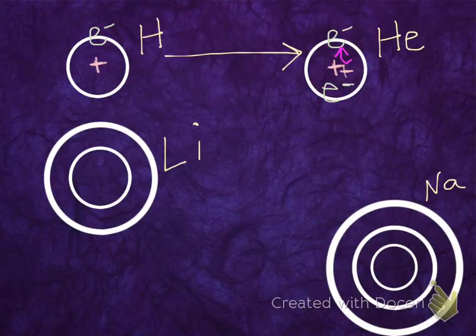Now, if we do something a little bit different and go down to lithium, instead of moving across a period, we're moving down a group. So we've gone from hydrogen to lithium. How many protons does lithium have?